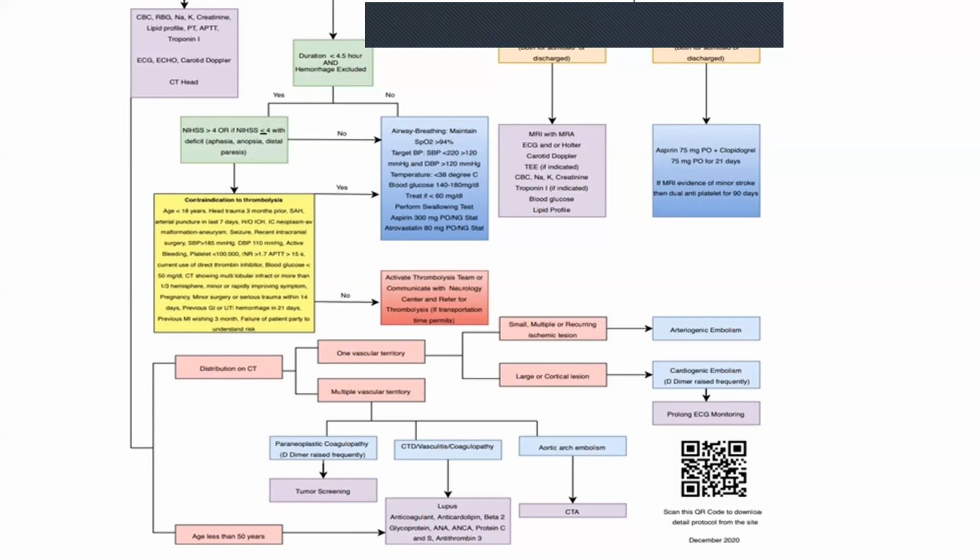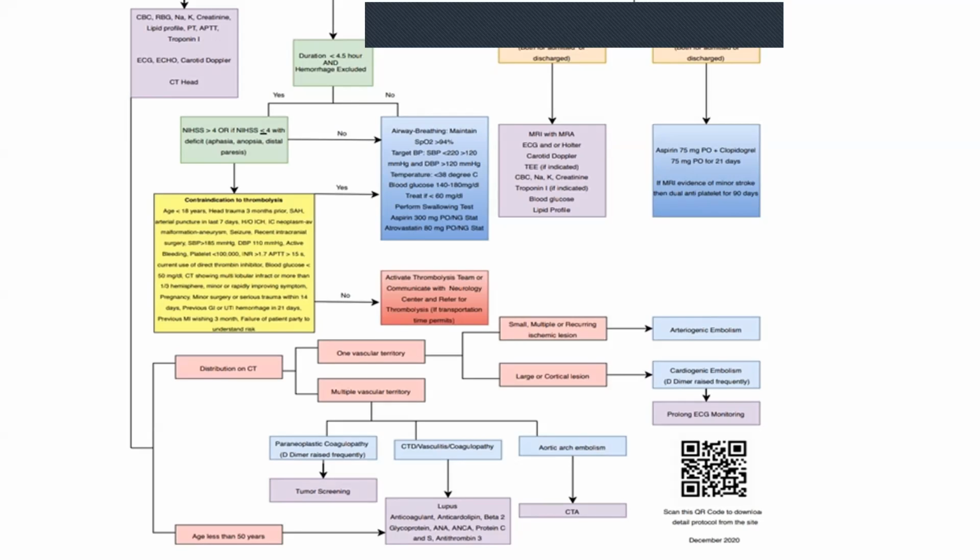Then we should perform a swallowing test, and after that give aspirin and atorvastatin: aspirin 300 mg stat by NG tube, and atorvastatin 80 mg by NG tube stat.